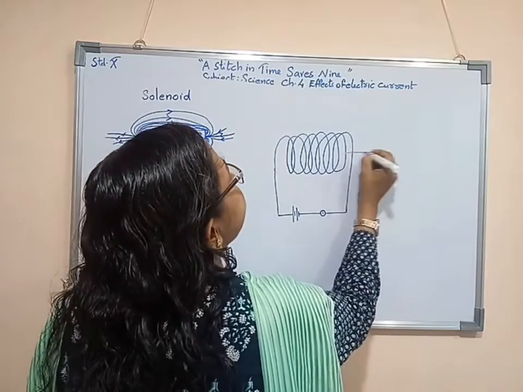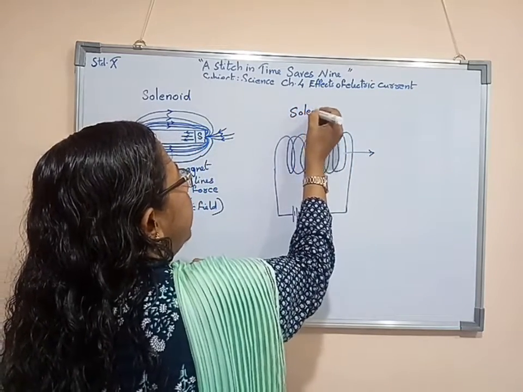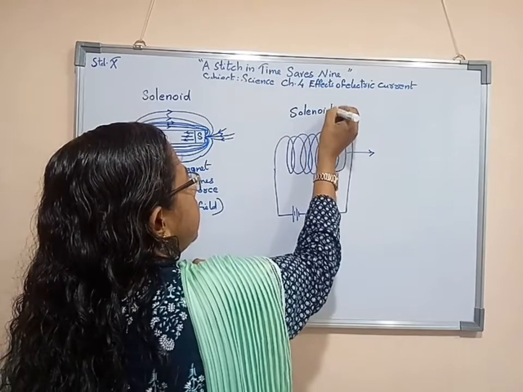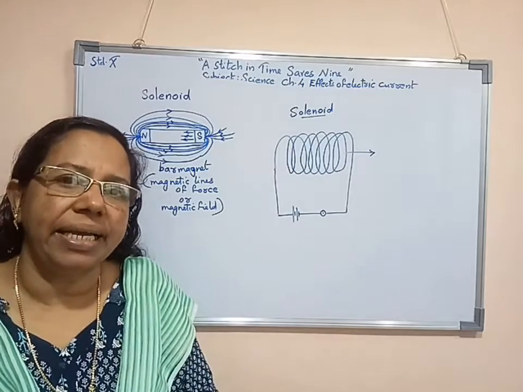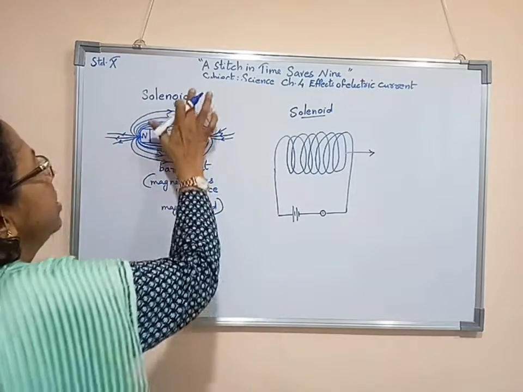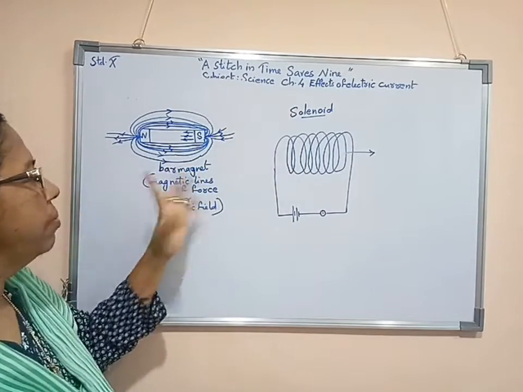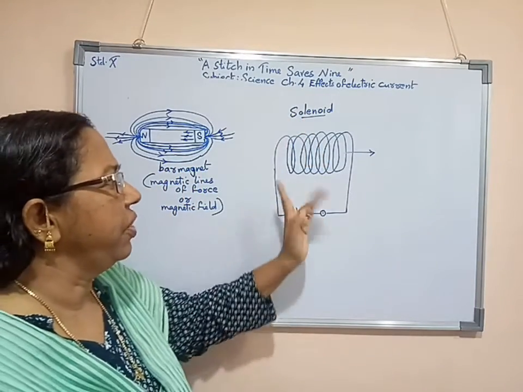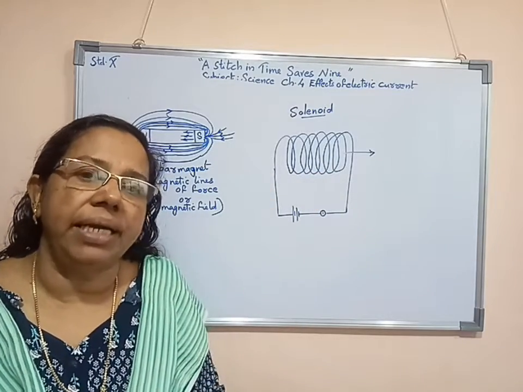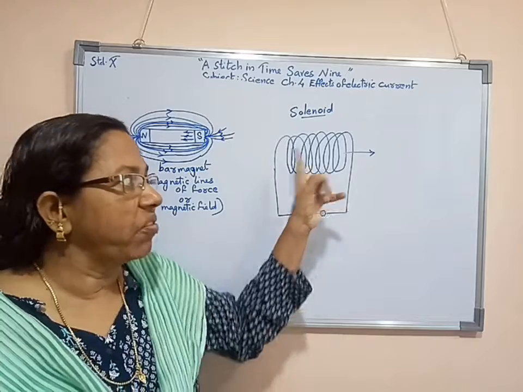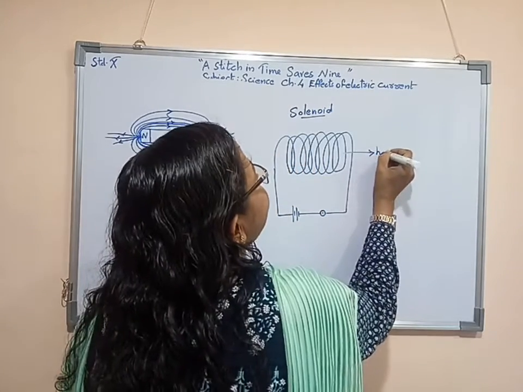Here I am writing what a solenoid is. A solenoid acts like a bar magnet. Now this solenoid is like a spring, but it is not made of iron, it is made with the help of copper wire and its inside is hollow. Nothing is there.